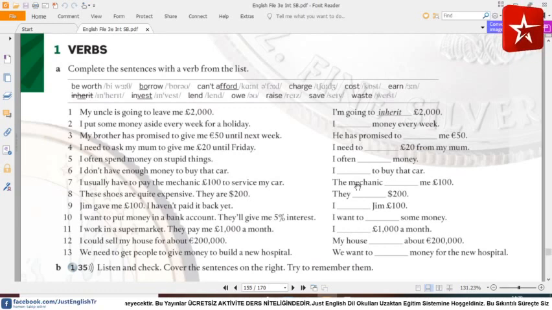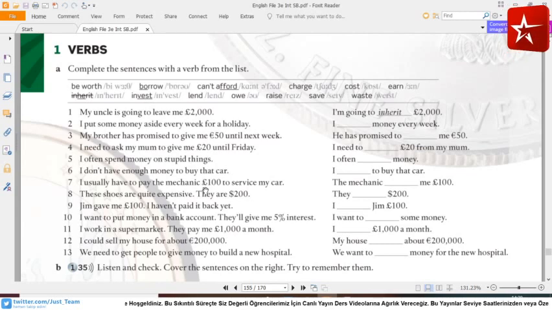Lara, be careful. The answer is correct, but there is a small mistake. If you pay attention closely and carefully, what should we write here? Mechanic charge or charges?